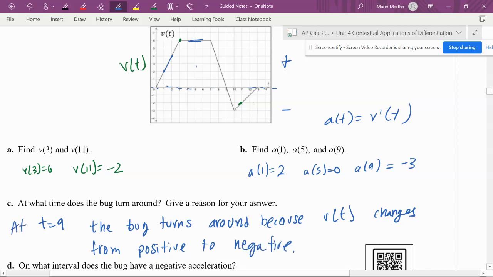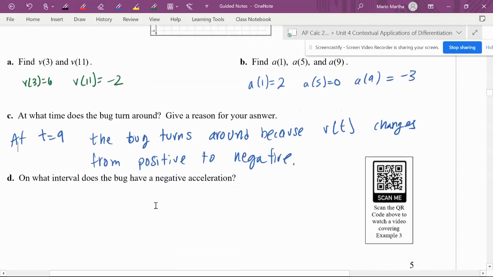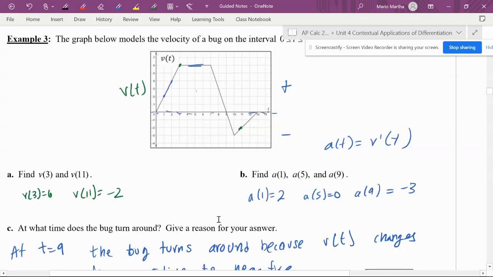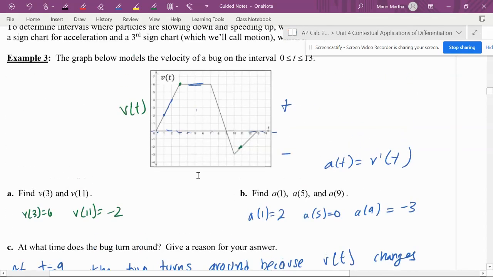If t equals 9, the bug turns around because v of t changes from positive to negative. So on what interval does the bug have a negative acceleration? That means we have to look at two things here. The first one is when is the velocity decreasing, and when is the acceleration negative. Acceleration is negative when we have a negative slope. And velocity is decreasing when it's starting to go down.